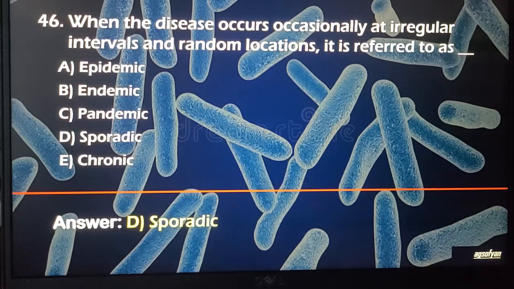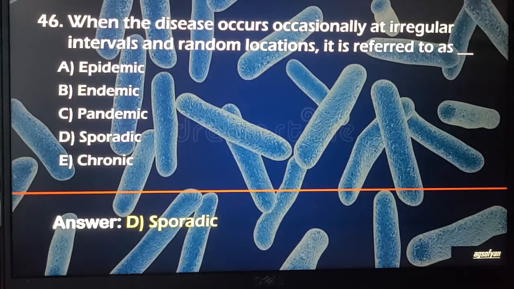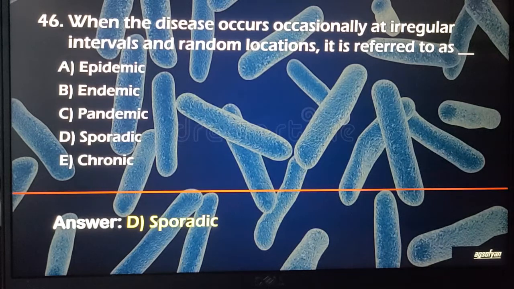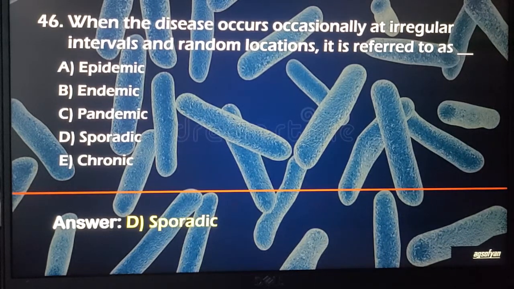So epidemic, this is usually only on local area. Like for example, if one area has contaminations of the drinking water, only that area will have what we call the epidemic, maybe diarrhea, for example. Other place that do not use the same drinking water will not have that disease.